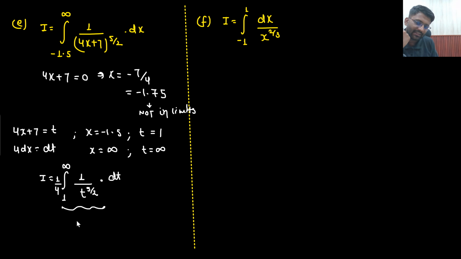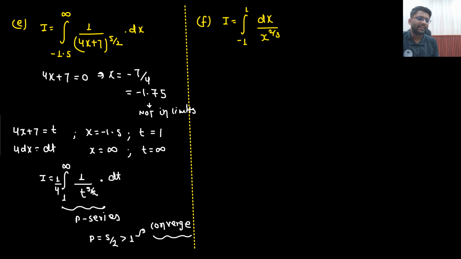Yes, it is a p series with p equal to 5 by 2, which is greater than 1. What does that mean? It will converge. I don't need to find the final result; they only asked whether it will converge or diverge, so I just told it will converge.